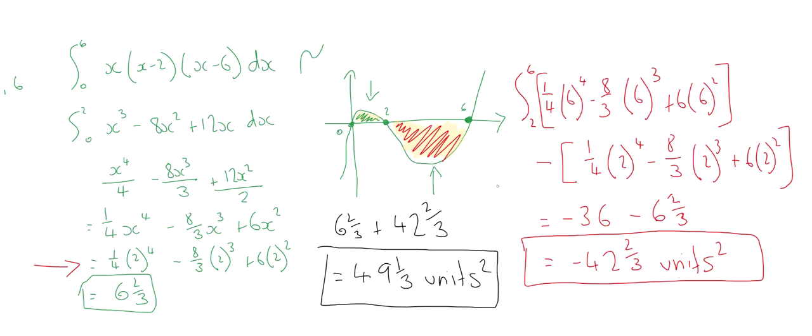All right, we're going to do one more example, and this one we're going to do with respect to y for the first time. So we've not done that before. Okay, so let's say that I've got a graph, and this is an inverse function. Remember, if I have y equals x squared, I'm going to get a positive graph, right?